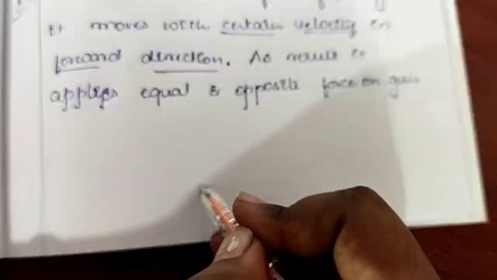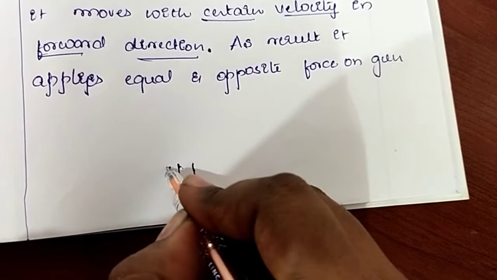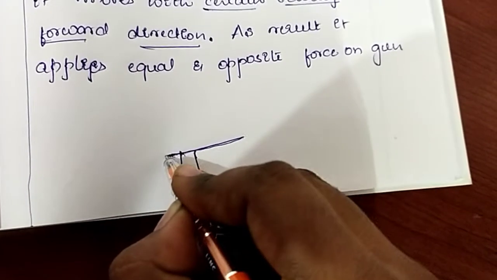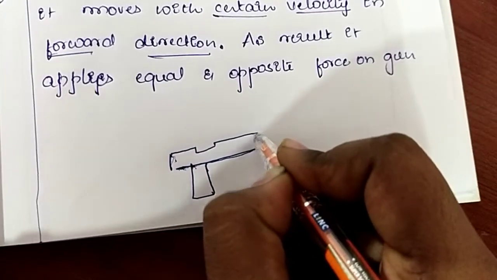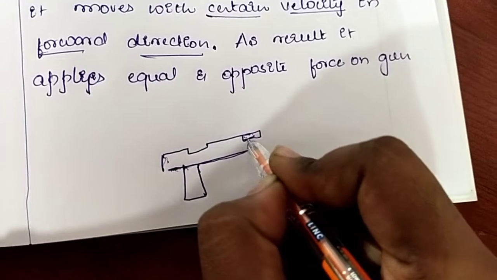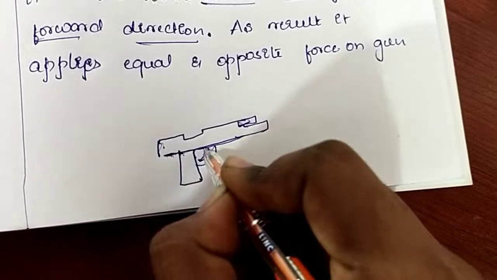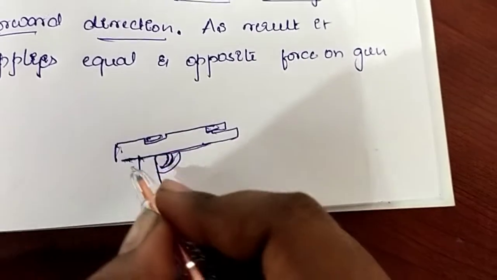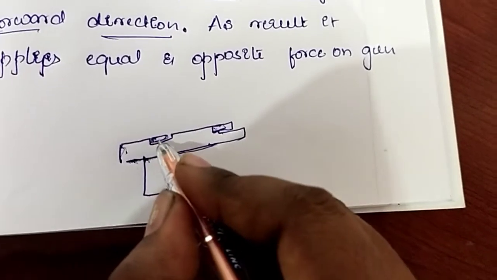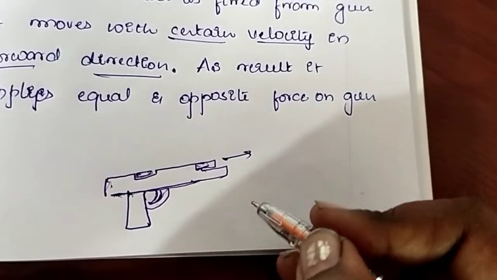So let us see how that applies. Taking an example like this. This is a gun. Okay, assume this to be a gun, where bullets will be placed or reloaded. With this magazine, bullets will be coming over here and it will be moving.